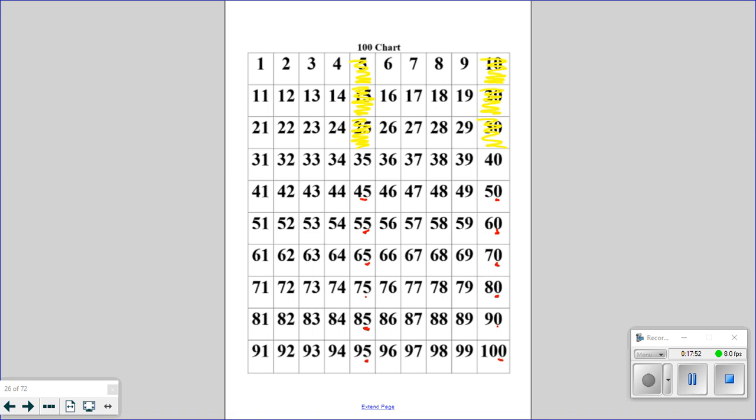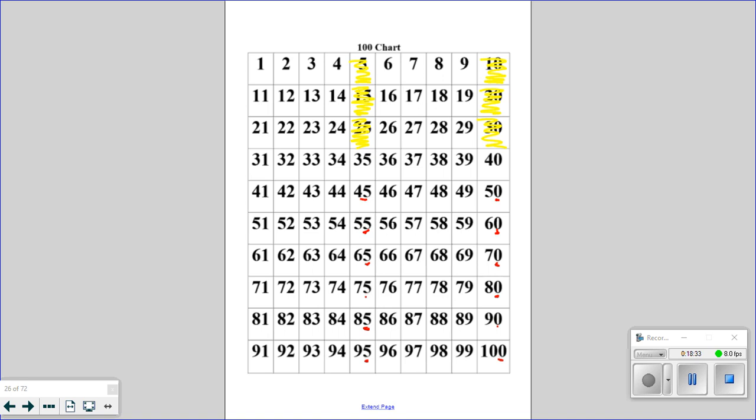The reason why you're not going to land on anything that doesn't have a 0 or a 5 is because if you started with a 5, you only get to make a 10, because you have a 5 and then the 2 5s make a 10.